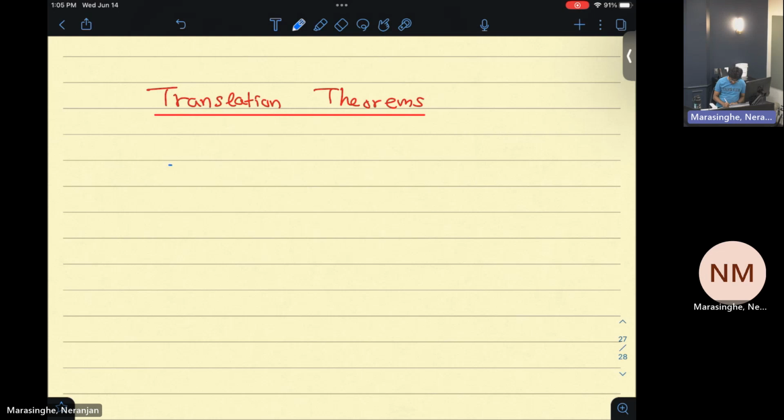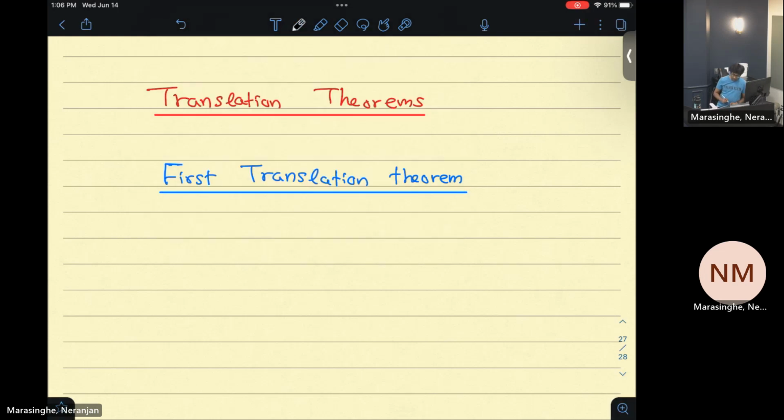First translation theorem. These translation theorems are also very important, right?